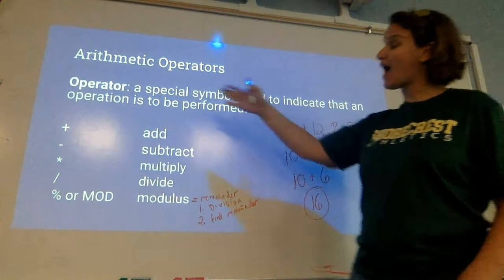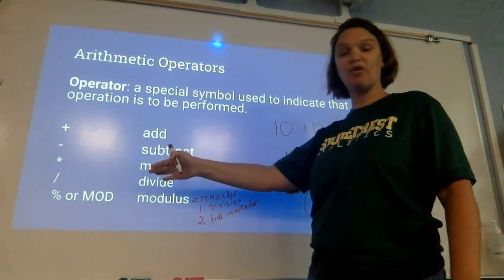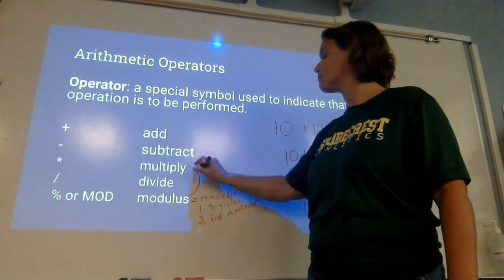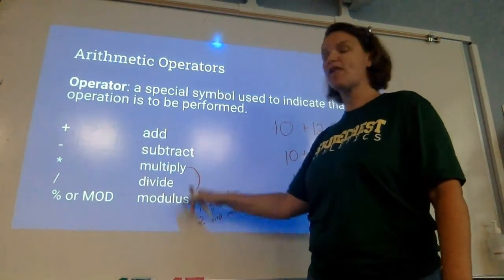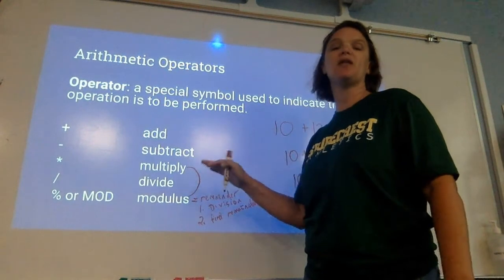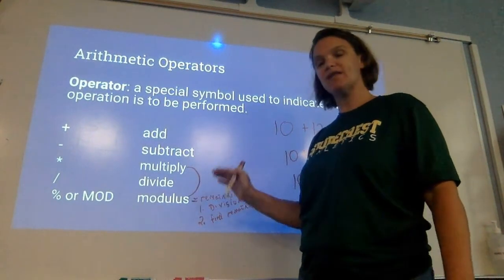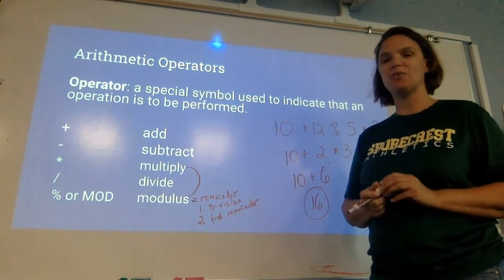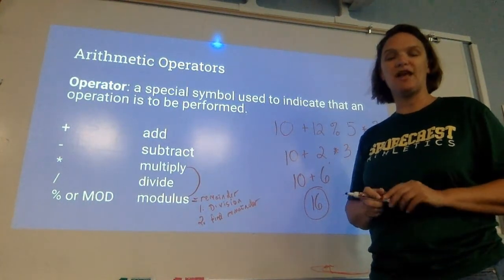Also, if we have multiple operations of different arithmetic operators, modulus and multiply are at the same precedence level. Multiply, divide, modulus, all at the same precedence level. So I hope this helped explain what modulus was, and I look forward to any questions you have.